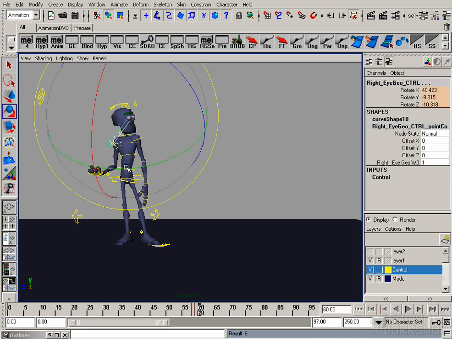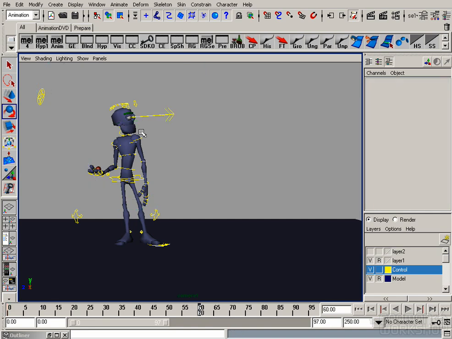Here, I have to readjust the eyes into that direction. See, and now it jumps from the first pose to the other pose. But I'm working in splines.